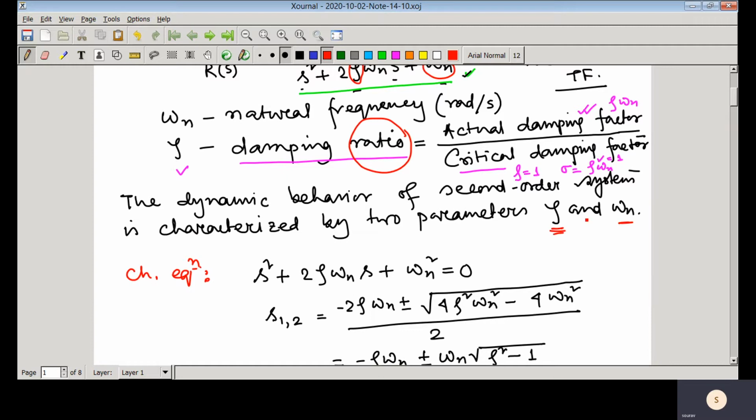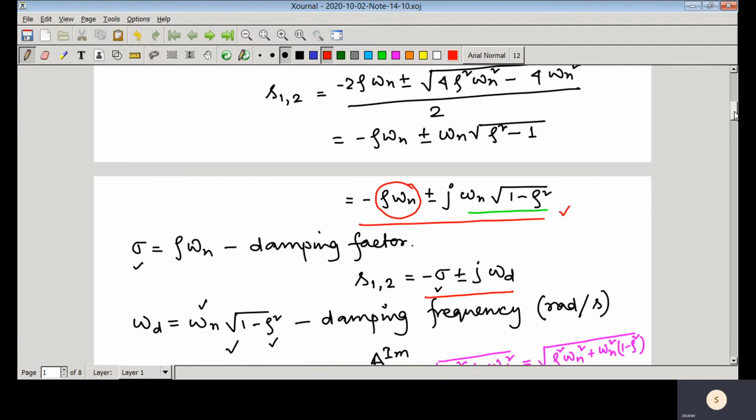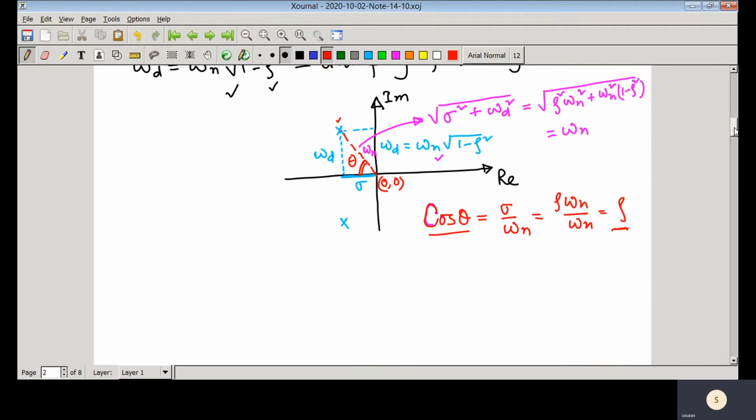Now we will concentrate on zeta, the damping ratio, and we will see the different behaviors of the second order system. So the first case is, this is the unit step response.